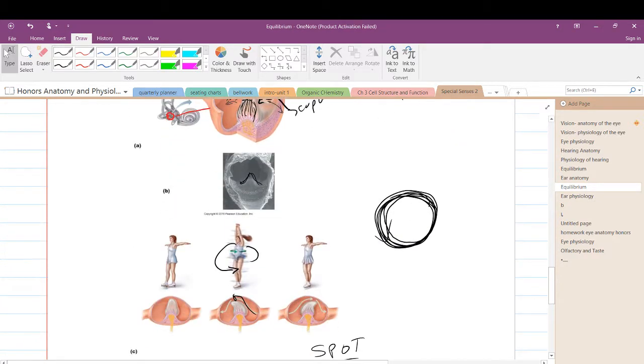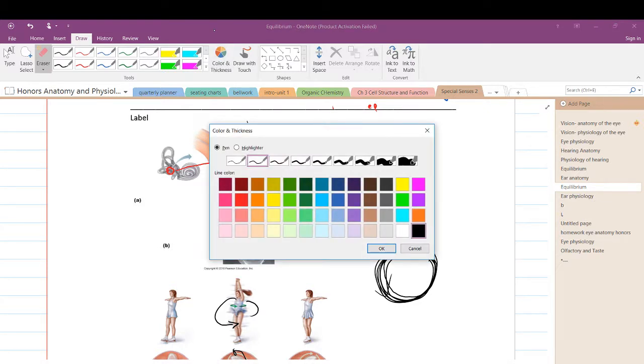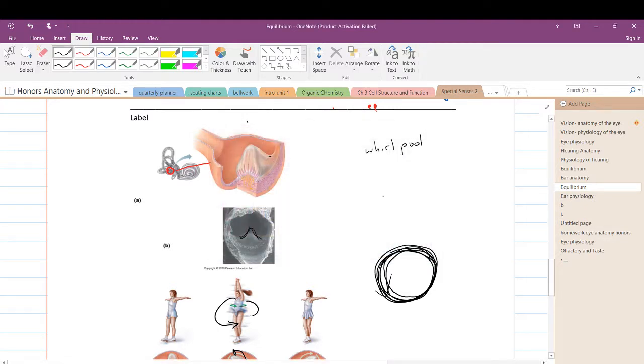So let's take a look at this, and they have a couple of diagrams which are nice and clear here. Now, I like to use the whirlpool example, so let's make sure we're clear about this. Here's our crista ampullaris, kind of the whole organ here. Here's our gel, the cupula, and then here would be our little cilia projecting upwards.